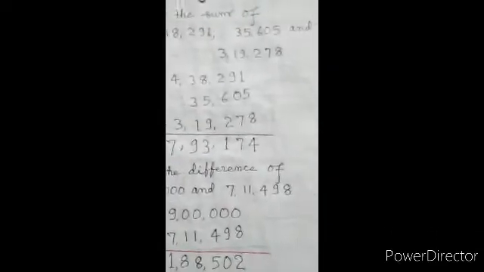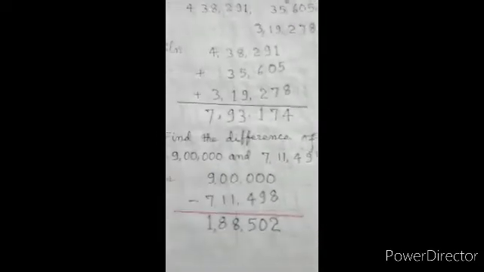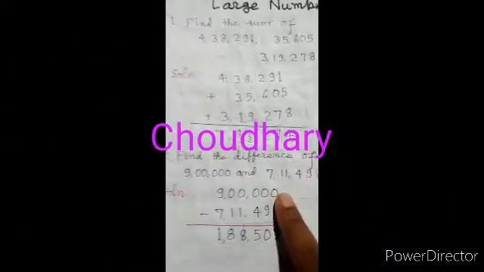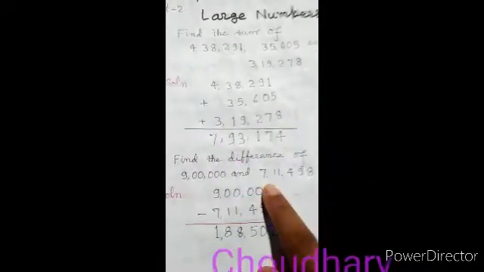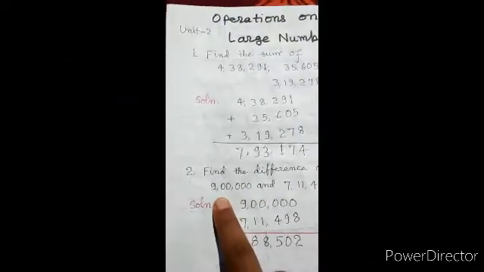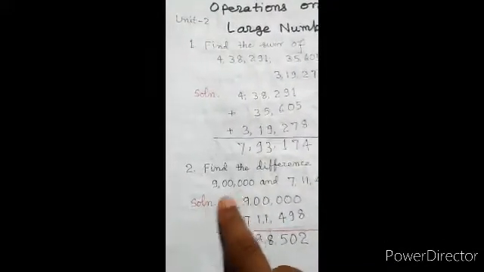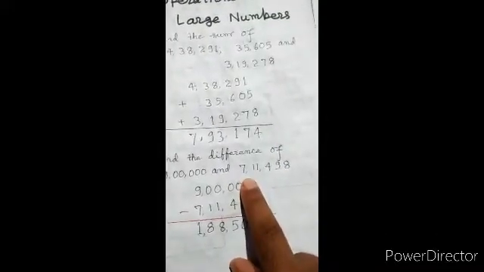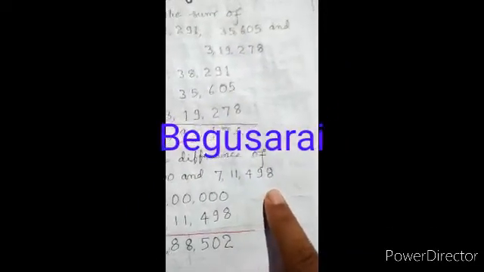Now try to understand what about difference. To find the difference between two numbers, we need to subtract the smallest number from the greatest one. This number will be read as 9 lakh, and this one is 7,11,498.